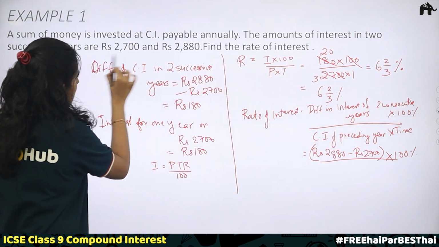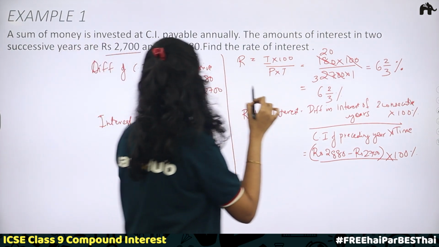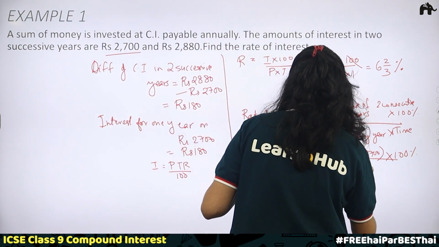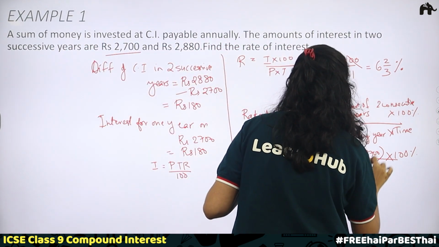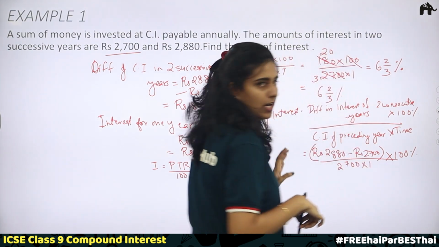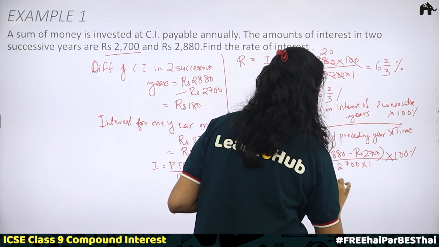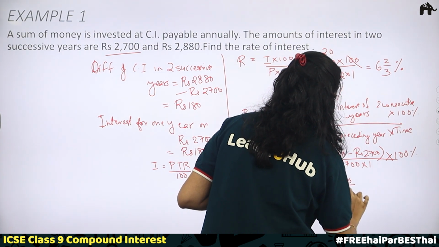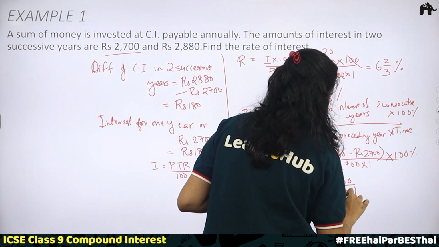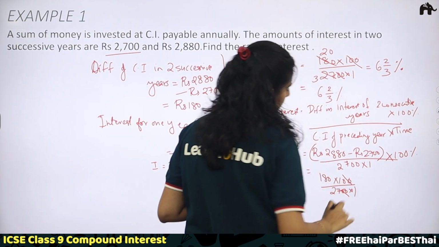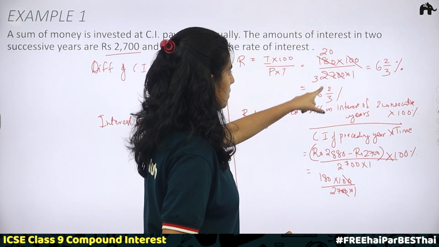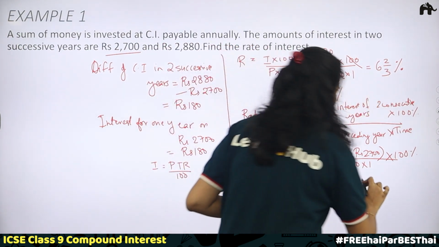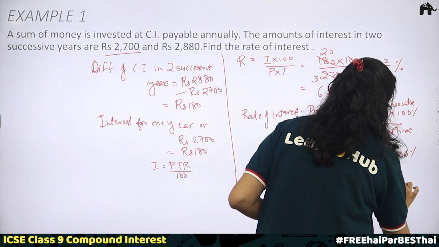Here the preceding year's compound interest is 2700, into time, which is anyway 1. Subtracting, you will be getting 180 into 100 divided by 2700 into 1. Zeros cancelling, 180 by 27, which is equal to 62 by 3. So this is a direct method to find it.